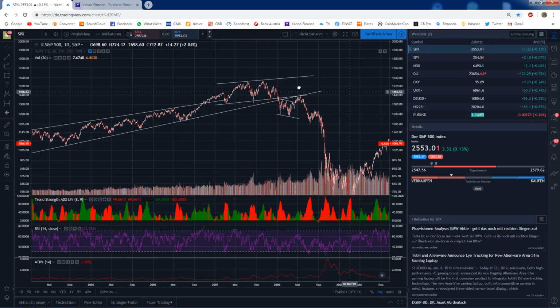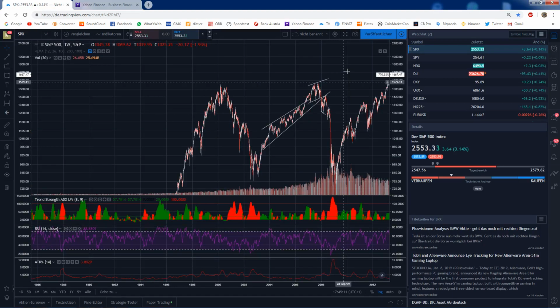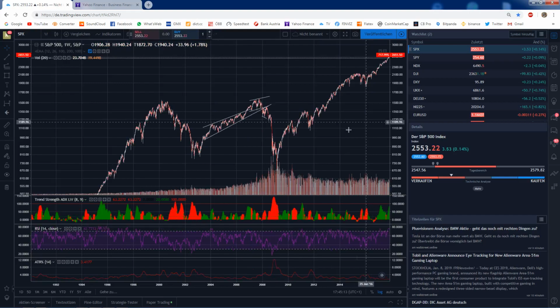So now moving on to our recent price action. Of course we had a crash right here, and I'm not including the exact bottom.